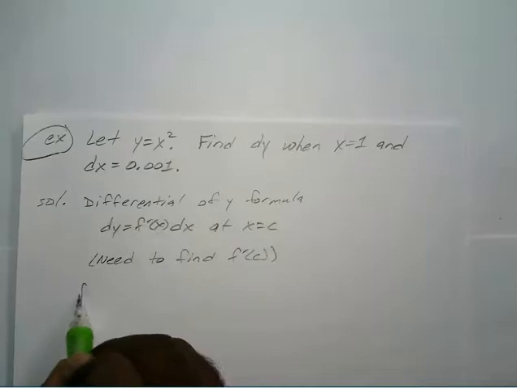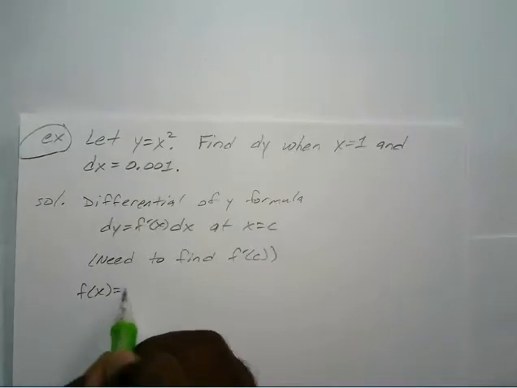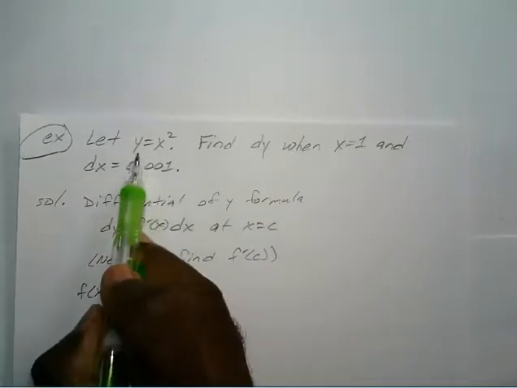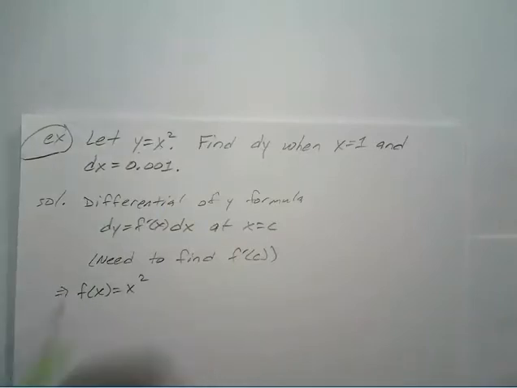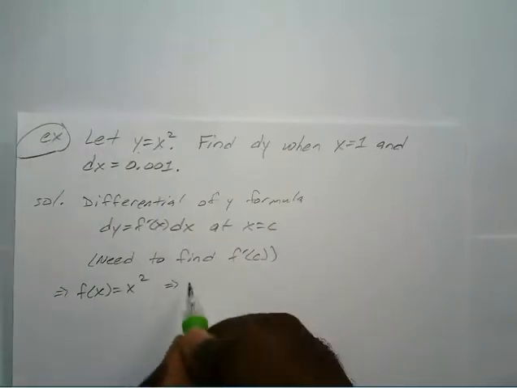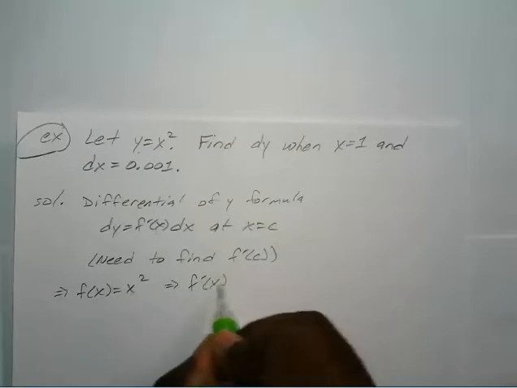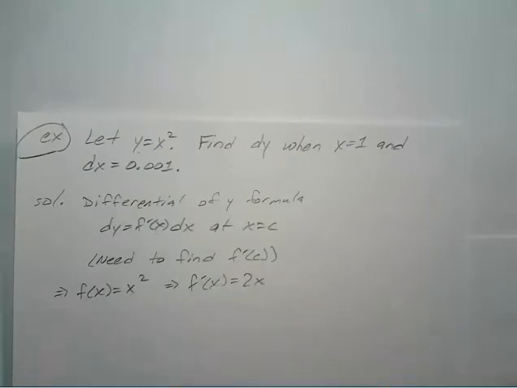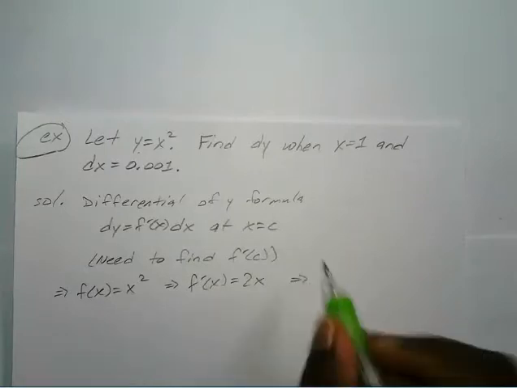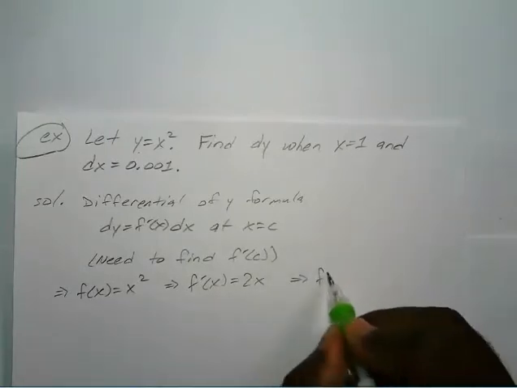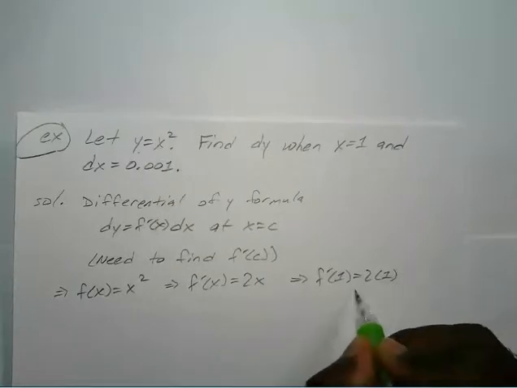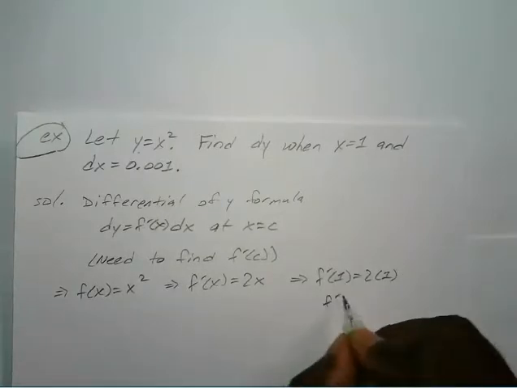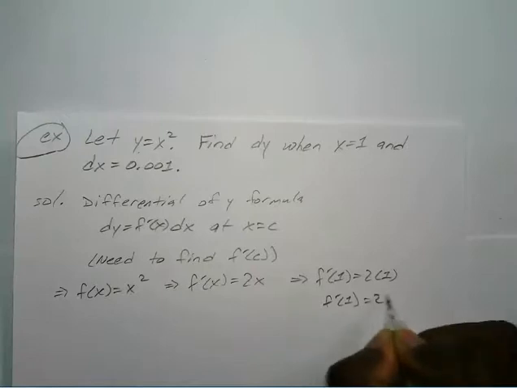We know that f of x is equal to x squared, since that's just your y equals x squared. Which means that f prime of x is equal to 2x. Which means at x equals 1, f prime of 1 is equal to 2 times 1. So f prime of 1 is just equal to 2.